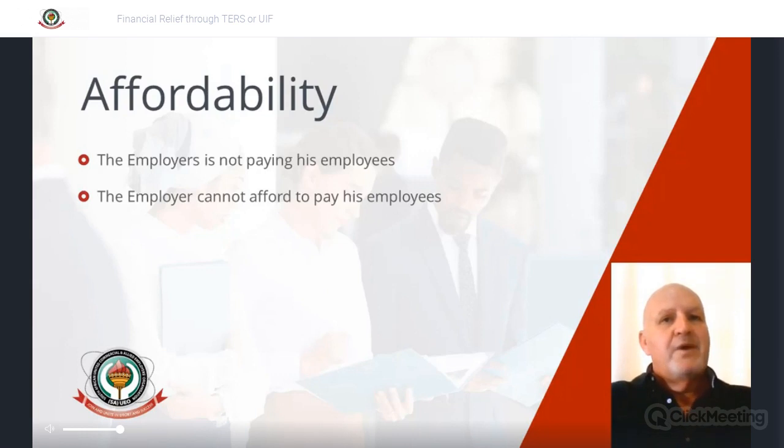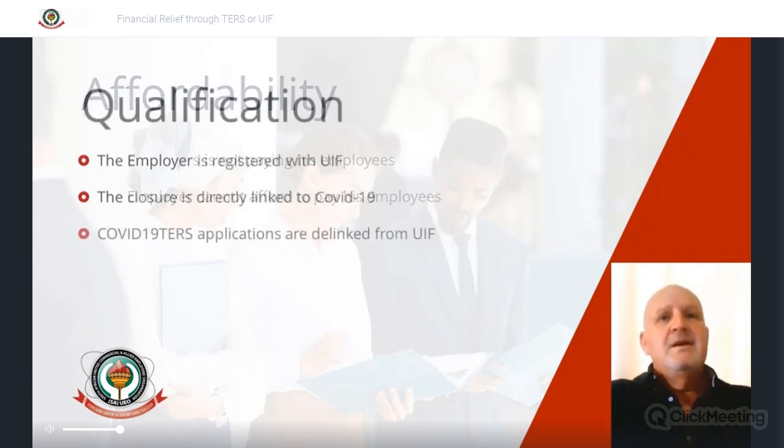Secondly, the employer cannot afford to pay his employees, and the term used in the regulations, distress. Very difficult to define distress, but here we would look at factors such as you are not being paid as an employer by your clients, you are battling to get in your payments, and therefore you are under financial distress.